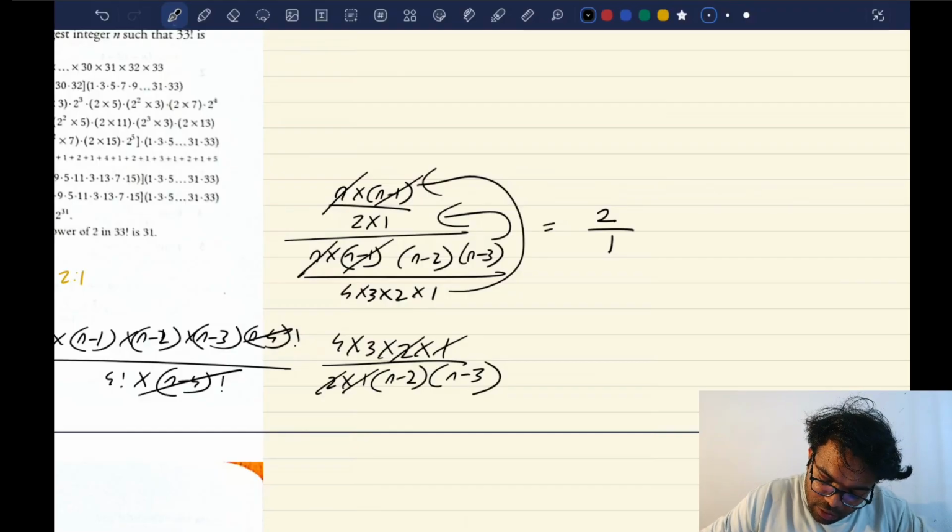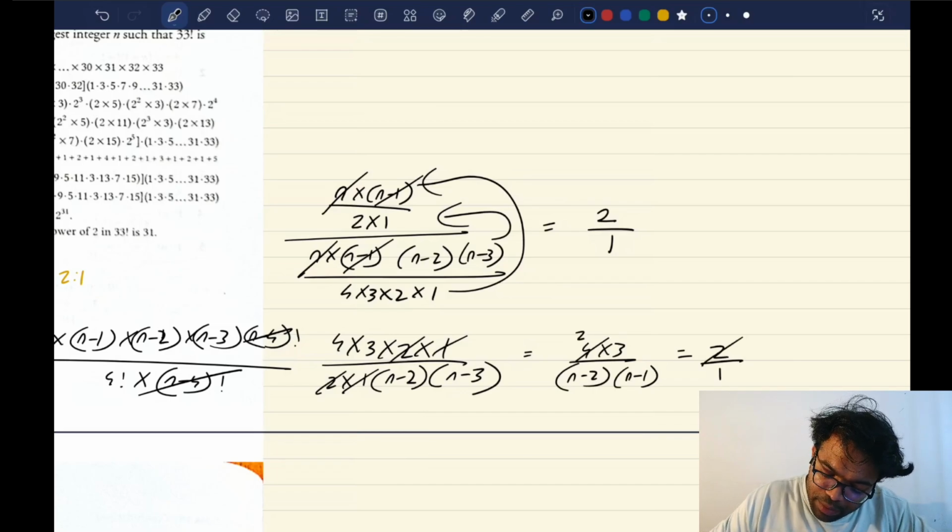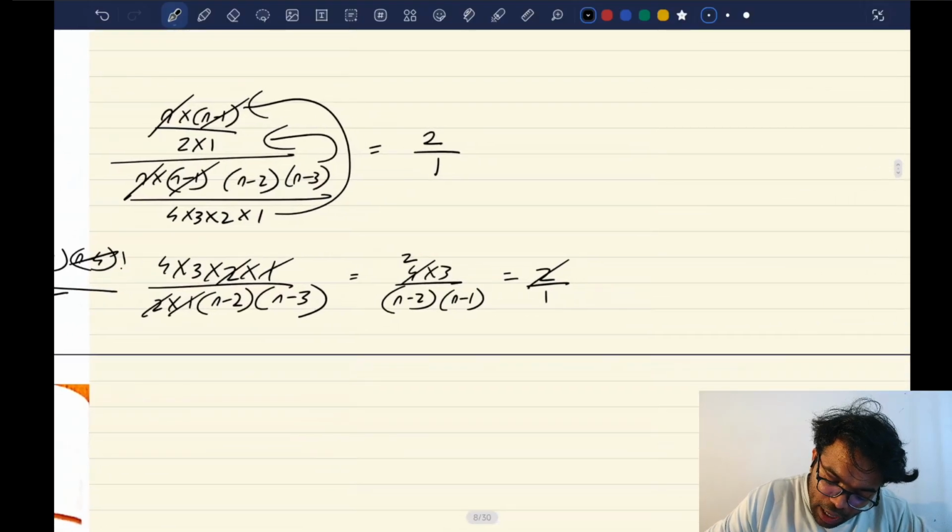So you have 4 into 3 upon n minus 2 into n minus 3 is equal to 2 upon 1. This 2 and this becomes 2. So you have 6 upon n minus 2 into n minus 3 is equal to 1 upon 1.